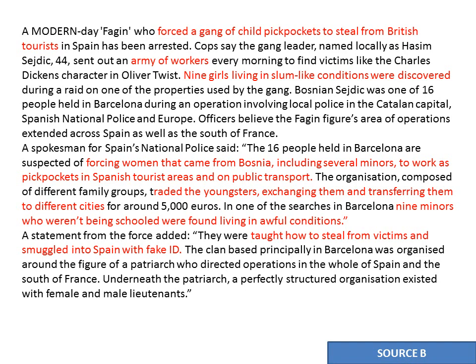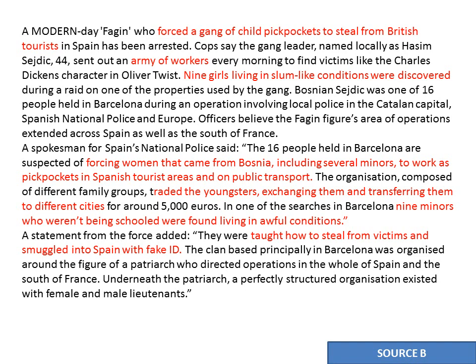So in red at the top, I've got forced a gang of child pickpockets to steal from British tourists. He sent out an army of workers, so there were lots of them. That's different, isn't it, from source A, because in source A it was one boy by himself. Here we've got a lot of them together. 9 girls living in slum-like conditions. So the slum-like conditions helps us work out that these girls were treated very badly.